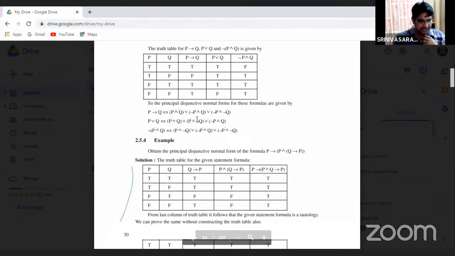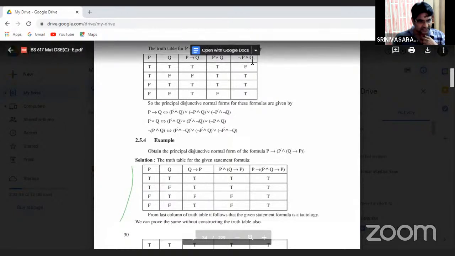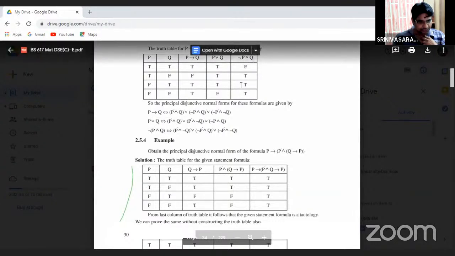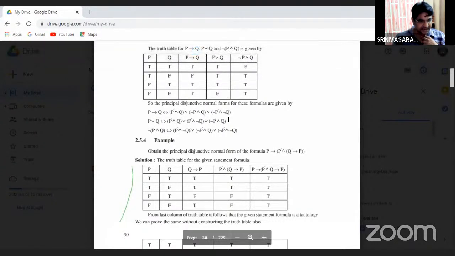P and Q, or negation P and Q, or negation P and negation Q. These three conjunctions joined with disjunction is called P conditional Q. At the same time, P or Q means P and Q, P and negation Q, negation P and Q, joined by disjunction.